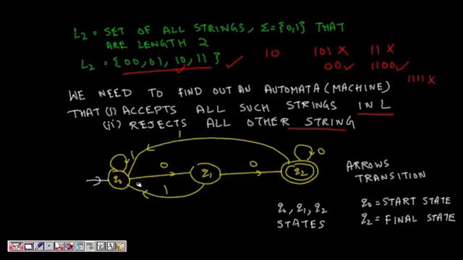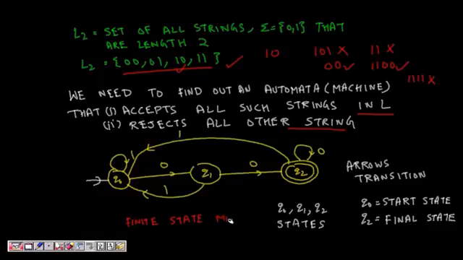Before going into all those details, I will directly come to one concrete example which will help you understand this. This is known as a deterministic finite automaton. It's a kind of finite state machine.